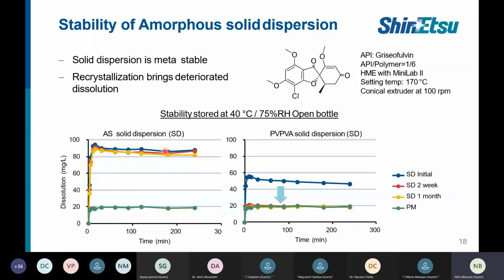Whereas if you compare against the PVP based solid dispersion, solubility was increased to some extent initially, which can also be seen by the blue line. But after 1 week itself, most of the drug reconverted into the crystalline form, which happened through recrystallization.